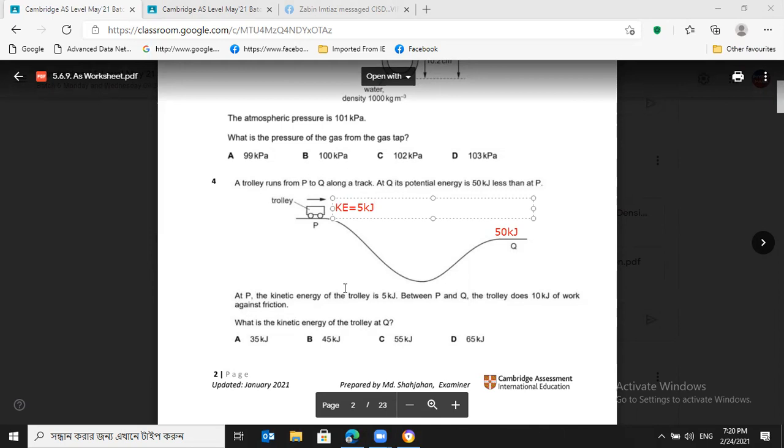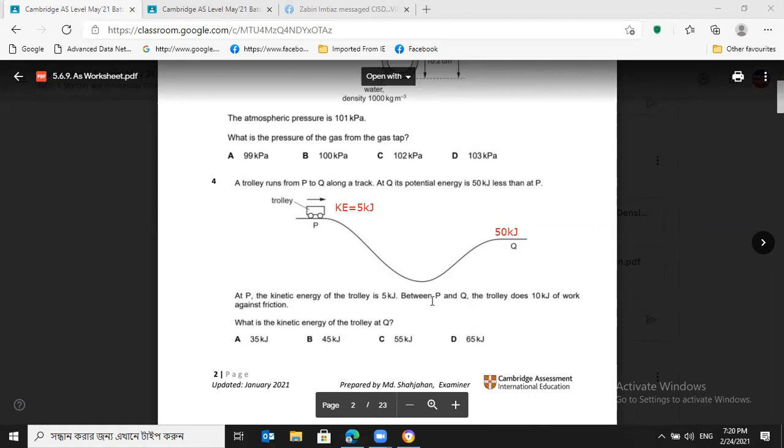So definitely here we have some extra gravitational potential energy as the height is more here, right? Here we have gravitational potential energy 50 kilojoules. So of course here we have some more gravitational potential energy plus this kinetic energy together. Then it's turning again to gravitational potential energy 50 kilojoules, right?